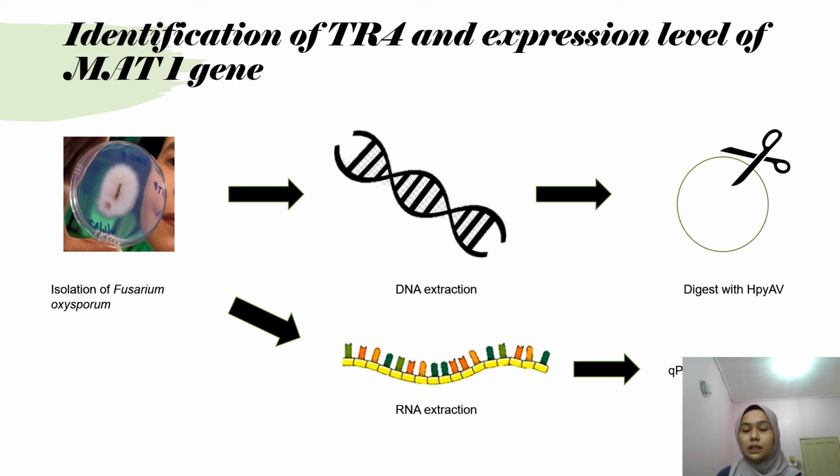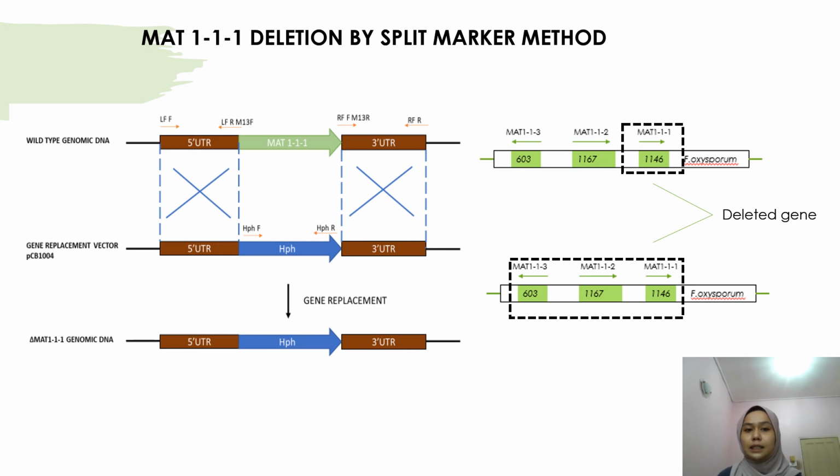For confirmation, we will extract the DNA and try to single digest the DNA with the restriction enzyme HpyAV. Next, to see the expression level, we will start with RNA extraction and proceed with RT-PCR and also qPCR. Next is MAT1-1 deletion by the split marker method.